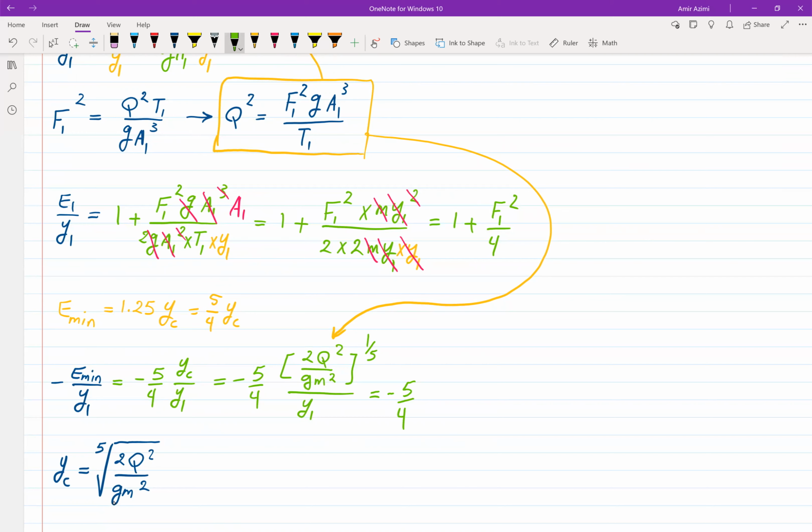And then I'm going to also move Y1 inside of the 1/5 power, so it becomes Y1 to the power of 5.